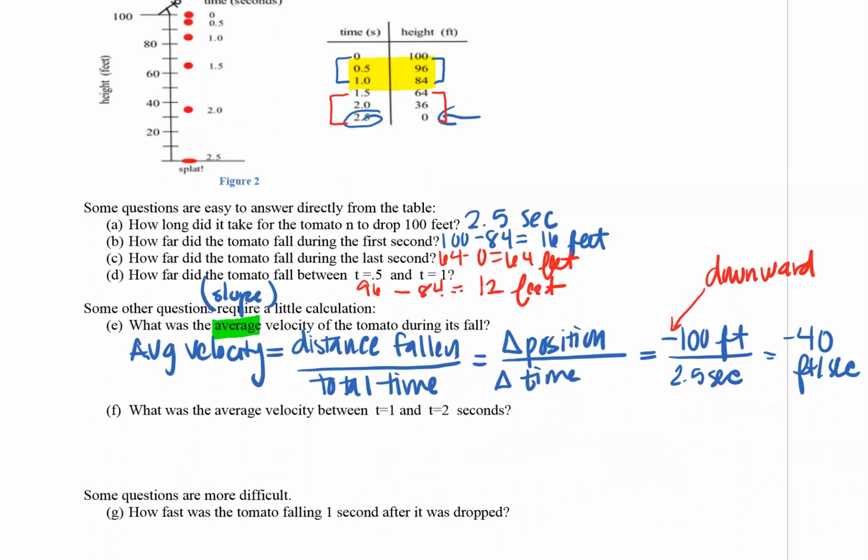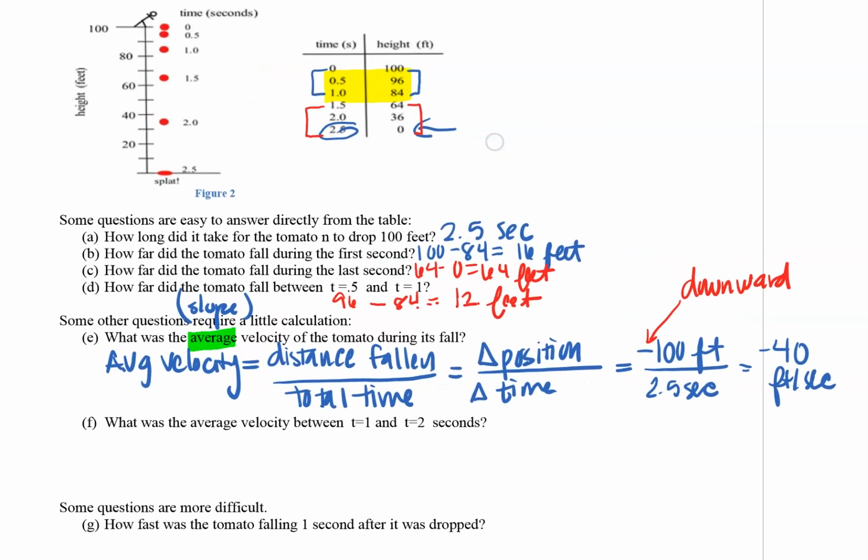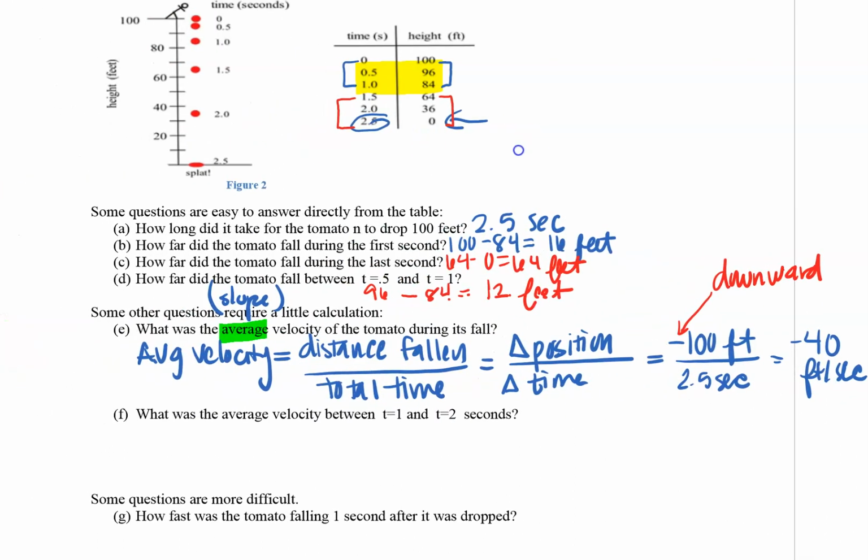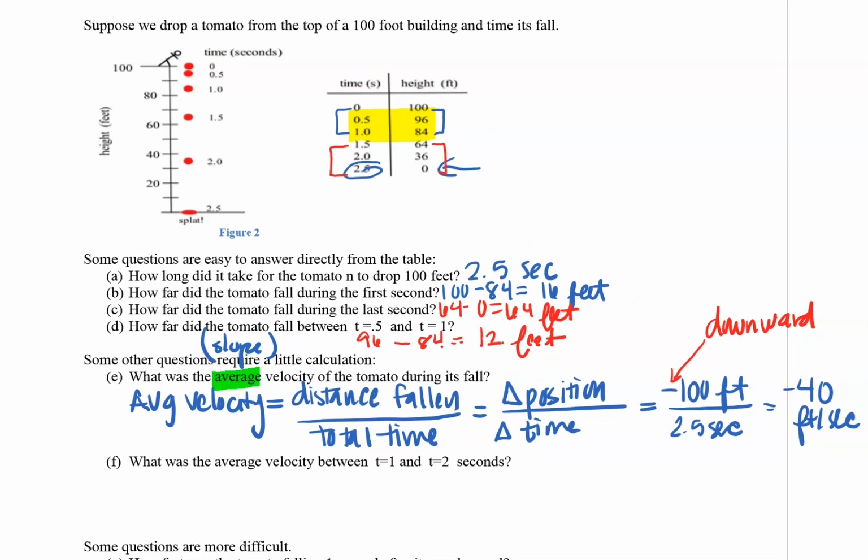What was the average velocity between t equal to 1 and t equal to 2? So we're going to have to come back up here to our chart. Let me erase what we've already colored on here. Sorry about that. Now I want t equal to 1, and I want t equal to 2.